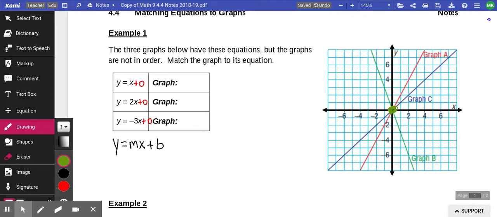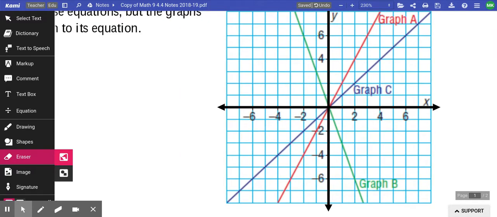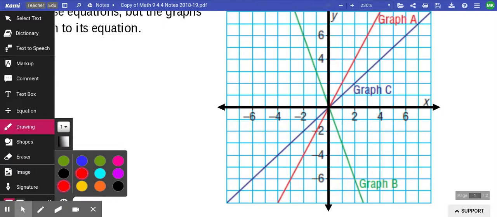Here's how I would do it. If I was trying to match up these graphs to these equations, I would look at the graphs and try to calculate all their slopes. So looking over here, I'll start with graph A, meaning the red graph for me. I'm going to try to calculate the slope of graph A. To calculate that slope, you need to find 2 perfect points, meaning 2 spots where it crosses right in the grid.